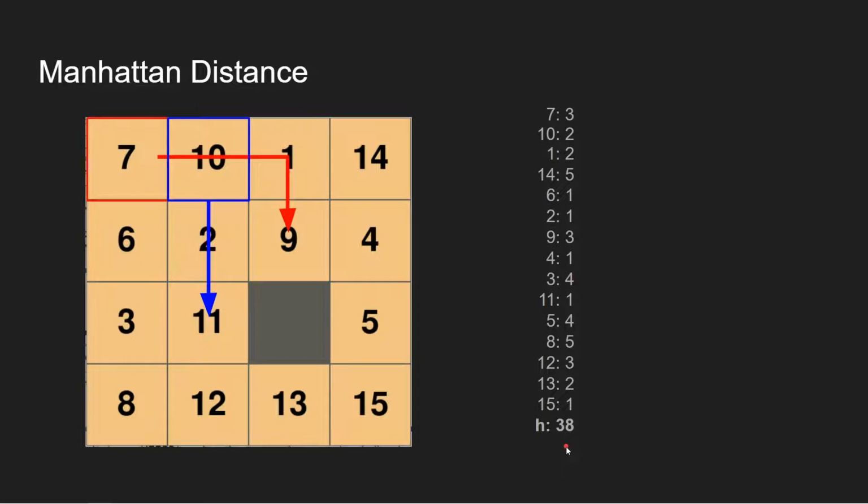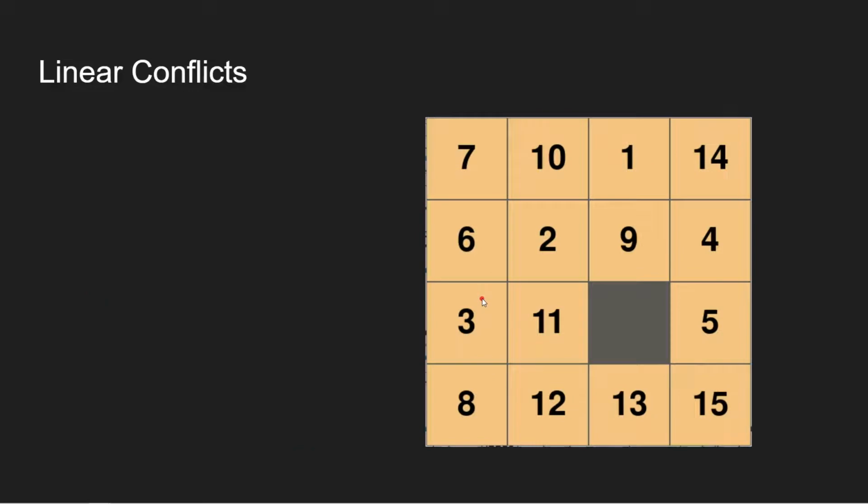The solution is fast to calculate, but it's not very accurate, since it's likely that pieces will be in conflict with each other on their way to the destination, requiring more moves than calculated. One way we can improve on this is to count linear conflicts. To find a linear conflict, we look for 2 tiles that are in their destination row or column already, and they're out of order. So 2 needs to somehow get above the 10, and 10 needs to somehow get below the 2.